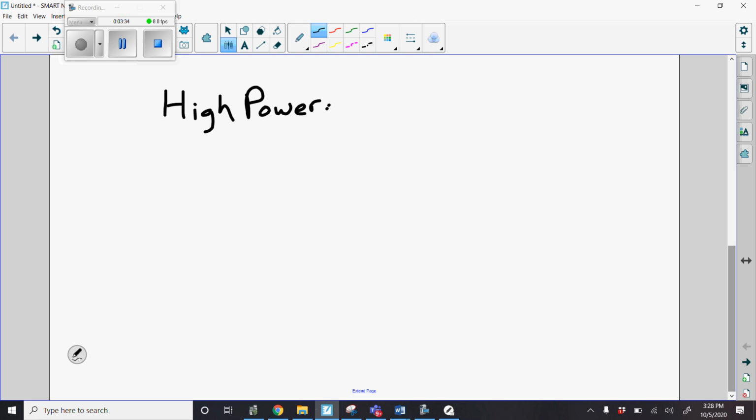So things like e to the x, or a base of any number as long as it's bigger than 1. So like 2 to the x, 5 to the x, 10 to the x. These are our most powerful, and they're even more powerful than really high polynomials.